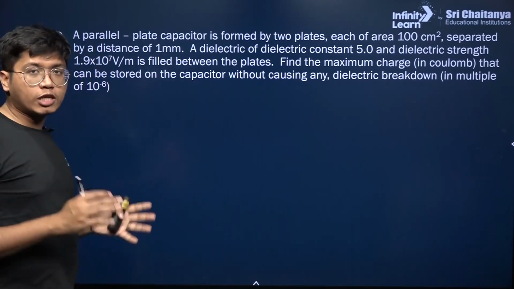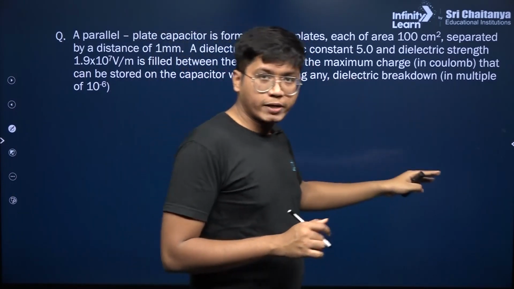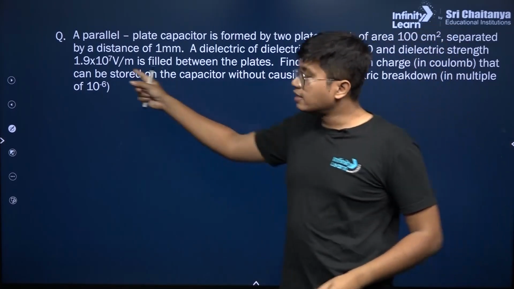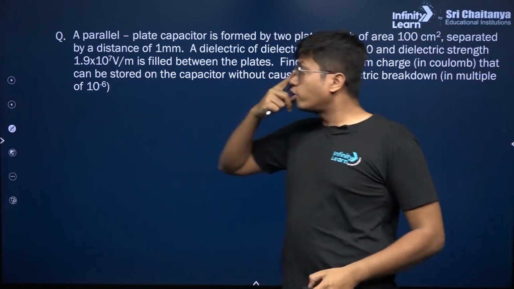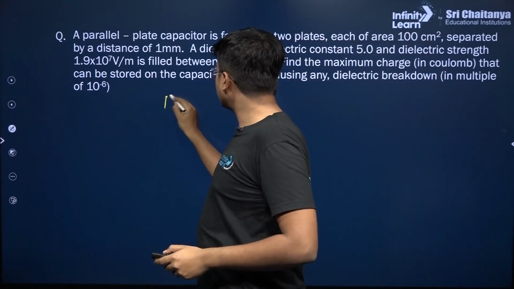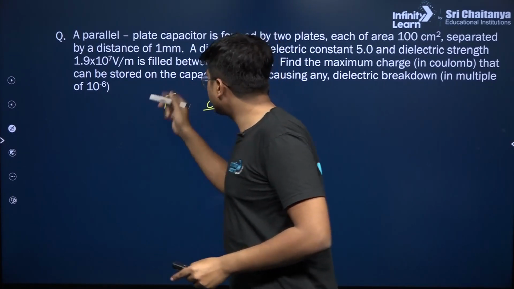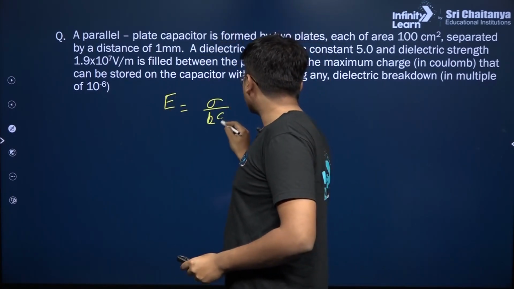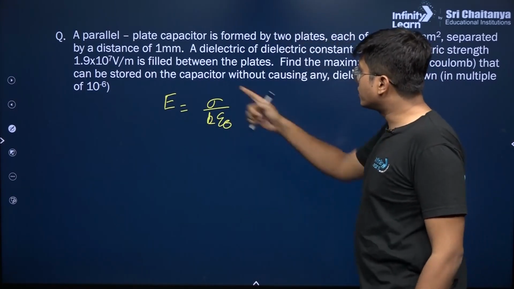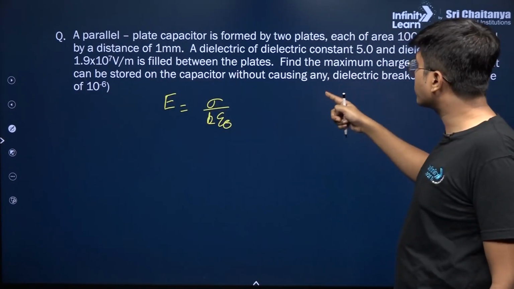We want the maximum charge on it possible such that there's no dielectric breakdown, which means the electric field between the plates should not exceed this value. Now the electric field between capacitor plates is given by E is equal to sigma by epsilon naught, or in this case sigma by K epsilon naught, because there's a dielectric over here. Now this electric field should have a maximum value given by the dielectric strength.